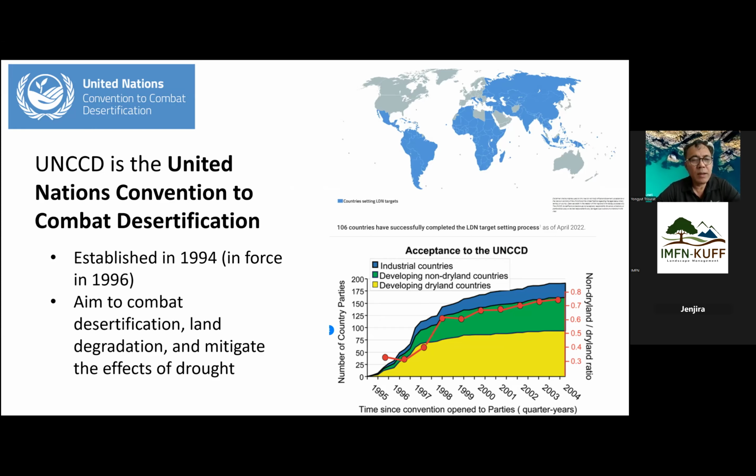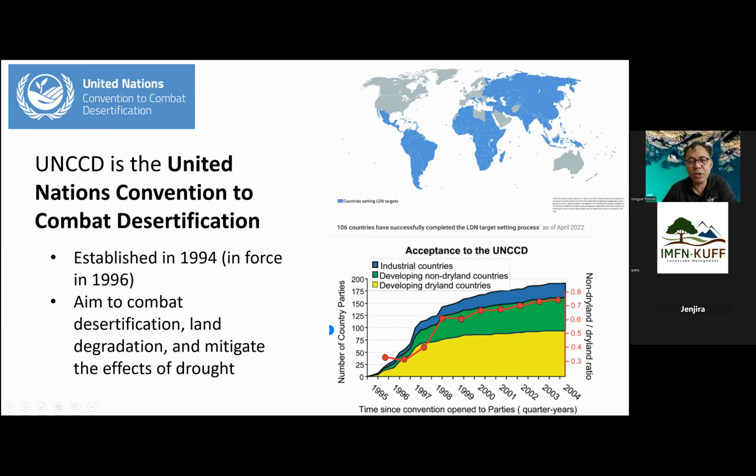It was established in 1994, and it took 2 years for the convention to be enforced when we had enough membership. The aim of the convention is to combat desertification and land degradation, and mitigate the effect of drought.